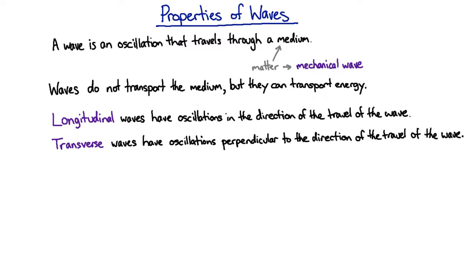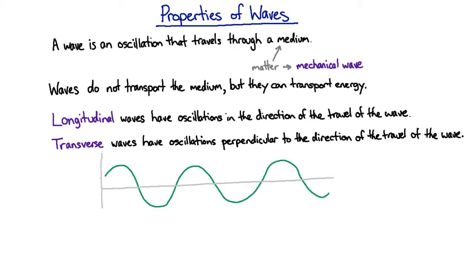Now in real waves, the shape of the oscillations in the wave can be very complicated, but we often follow a really simple model where that oscillation looks like a sinusoid, so a cosine or a sine. So this axis here will be distance, and this axis here, well, that depends on what kind of wave it is. If this is an oscillation in, say, the voltage of something inside an electrical circuit, then that will be measured in volts.